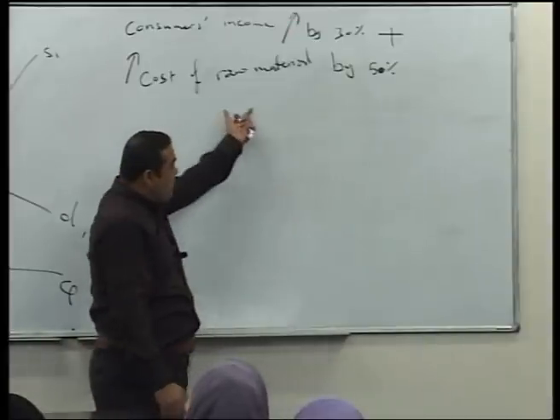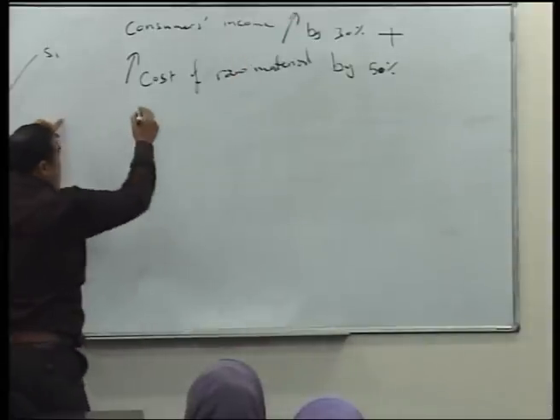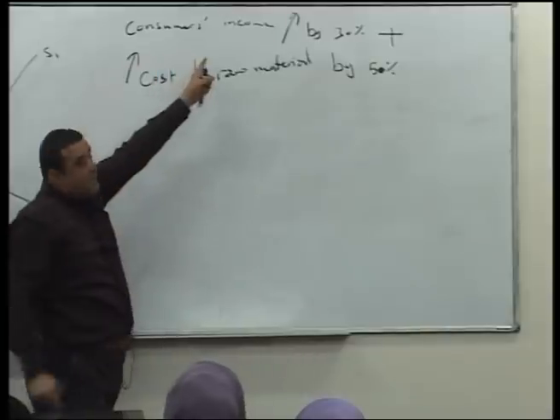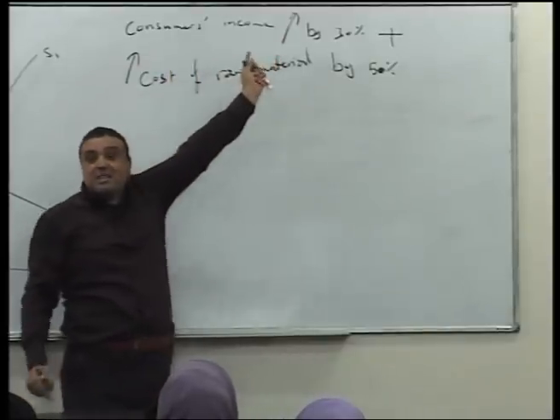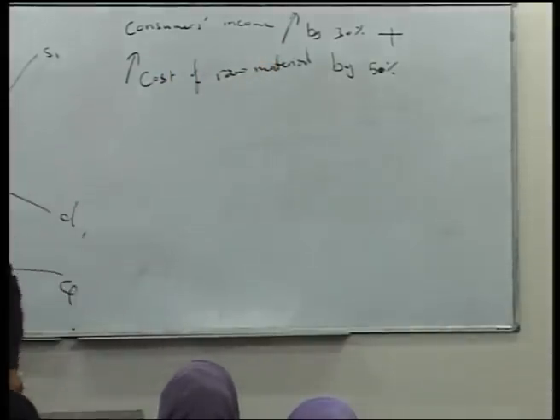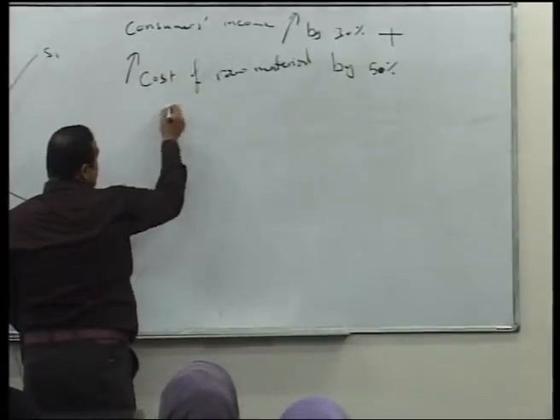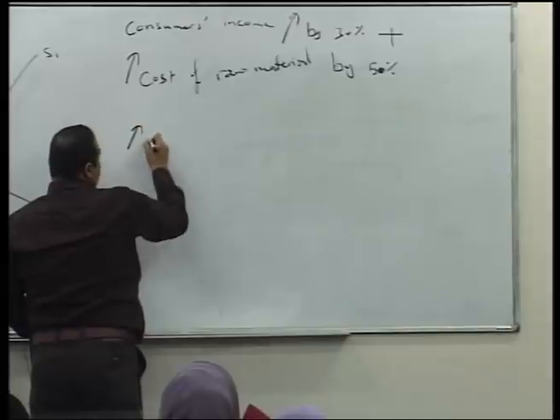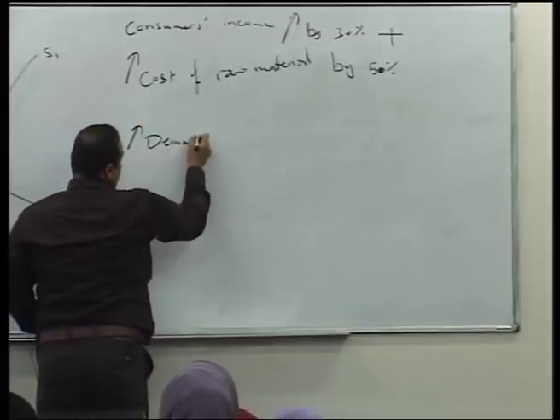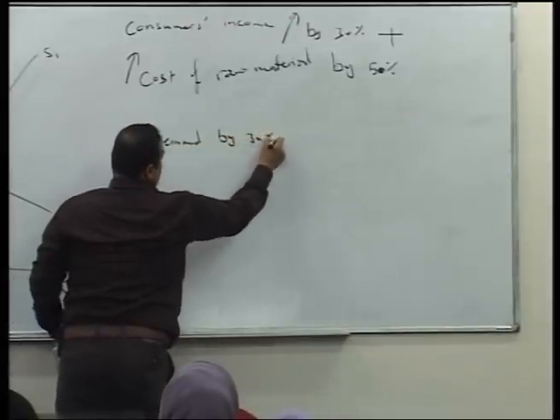Then the two parts here: the first part is increasing in income by 30%. This part affects demand by 30%. So the first part, increasing in income, increases demand by 30%.